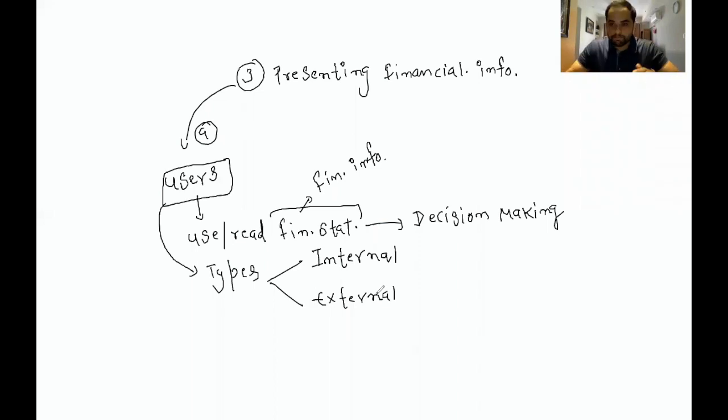Internal users are within the company and external users are outside the company, in simple words. But if I say inside the company and outside the company, this explanation may not clarify the exact difference between internal and external users, right?